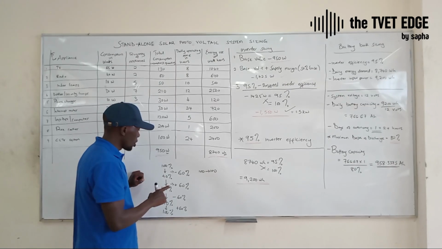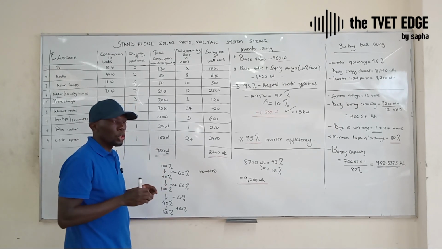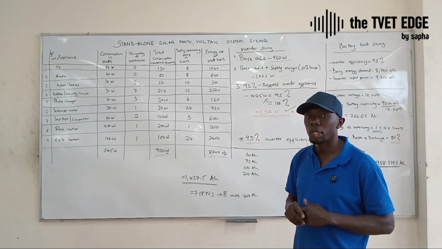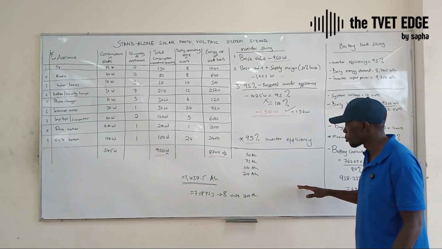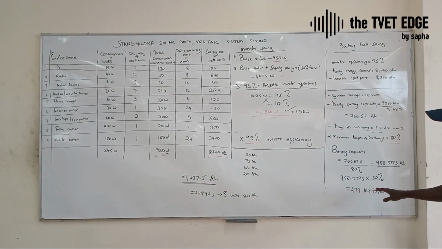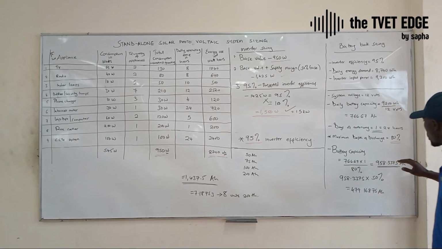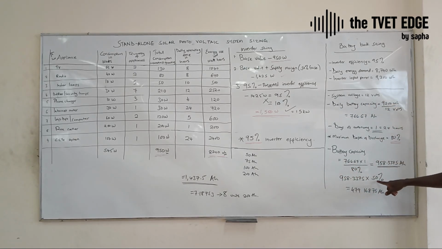Does that make sense? It's one when you charge during the day. If, for example, you size your batteries and, in this case, let's say we don't introduce our 50% margin, the system will still work, but this means you will have more charge cycles.